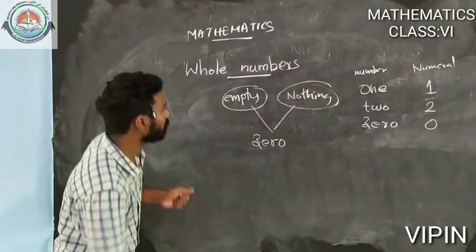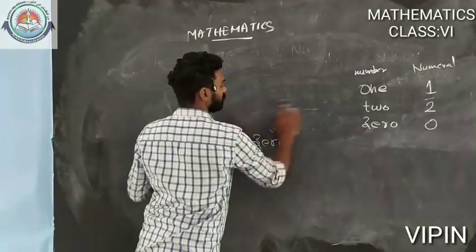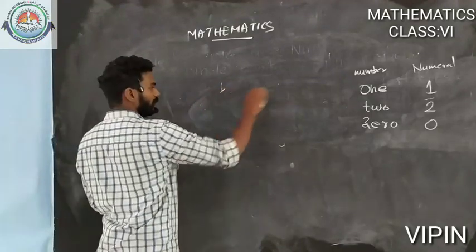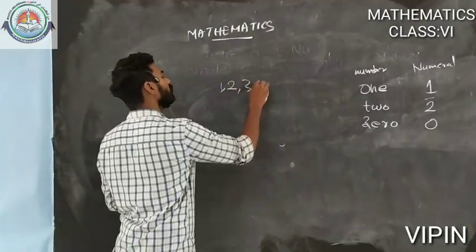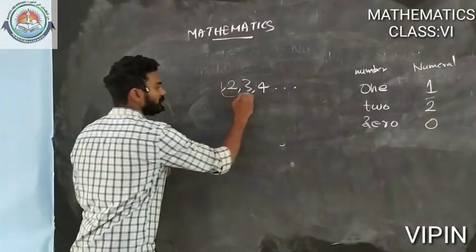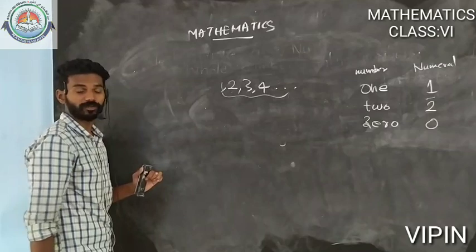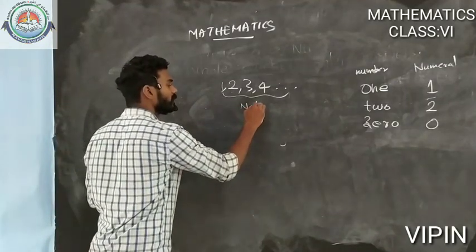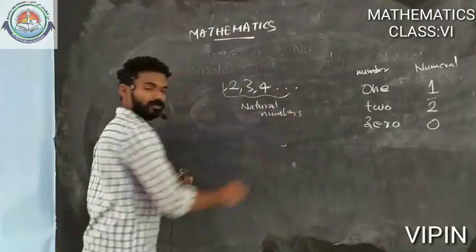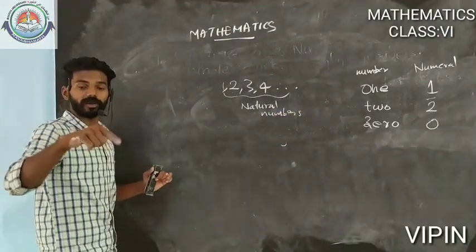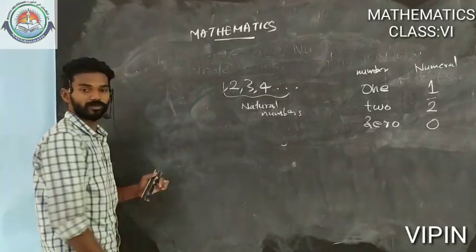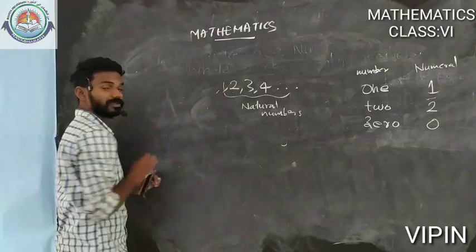So, we can include this number 0 also with the numbers we are already familiar with. We are already familiar with the natural numbers, and they start from 1 and extend as 2, 3, 4, etc. These set of numbers are called natural numbers. And now we are adding one more number, which is less than 1, and it is 0.